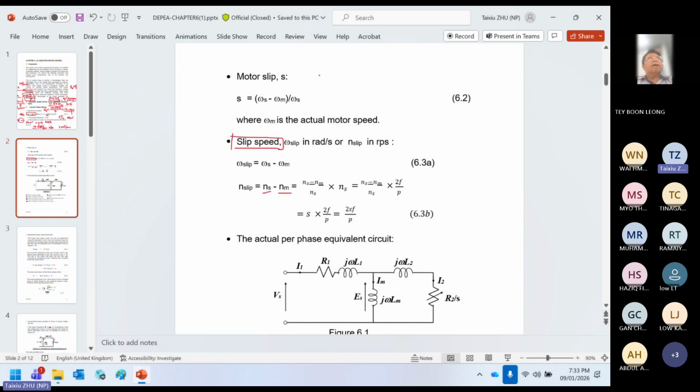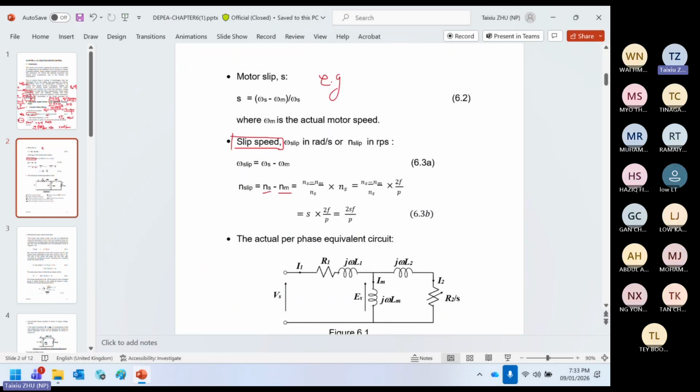For example, if my synchronous speed is 1500 RPM, and your motor, the rotor that drives the mechanical load, now runs at 1450 RPM, slower than that.